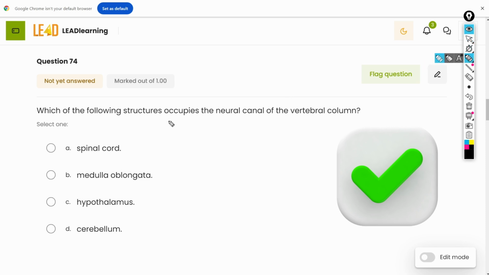Question 74. Which of the following structures occupies the neural canal of the vertebral column? The neural canal of any vertebra, let me just use one vertebra to explain this. Let me use the lumbar.